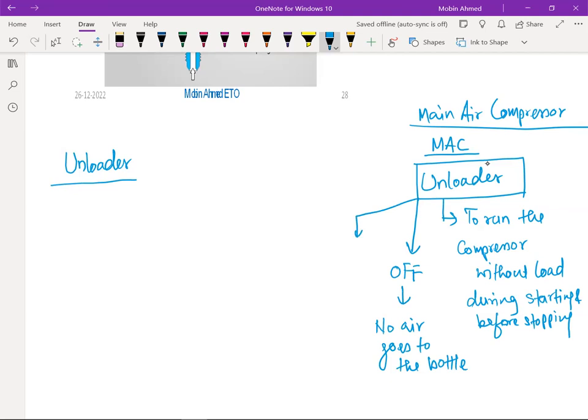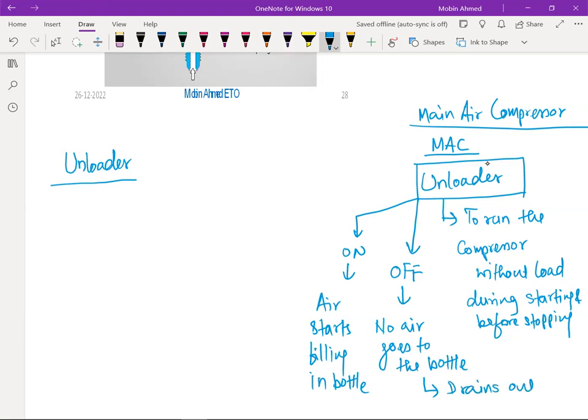And when it is on, then air starts filling in the bottle. So what happened with this one? No air goes to the bottle, which means it drains out.